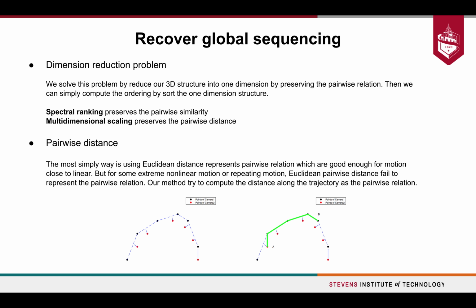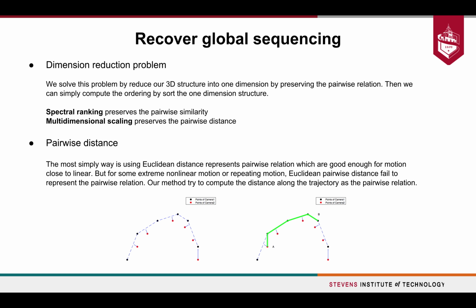We use two dimension reduction methods. One is spectral ranking, which preserves pairwise similarity. The other is called multi-dimensional scaling, which preserves pairwise distance. The pairwise distance is the key point, since the simplest way is using Euclidean distance.